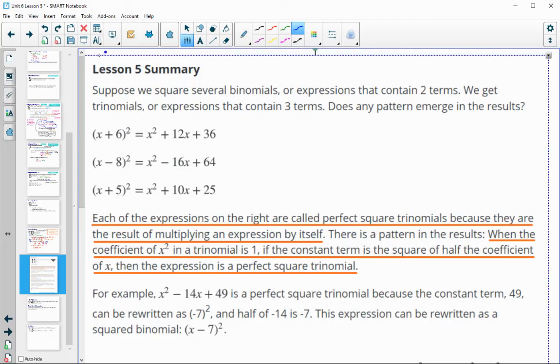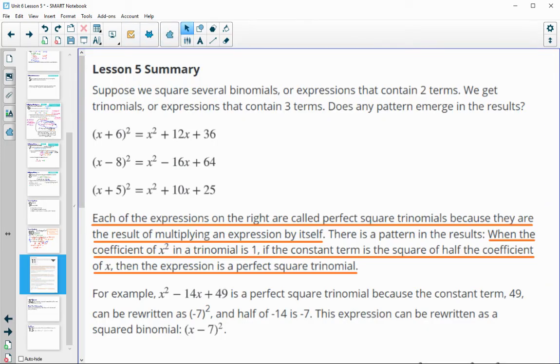All right, so summary for this lesson. We took a look at rewriting our circle equation a bit differently by multiplying out these square binomials. What we noticed in these binomials squared is that this last term, we had it twice for the middle. So we had 2 6x's for the middle, and we had it times itself, or squared, 6 times 6 for the final term.